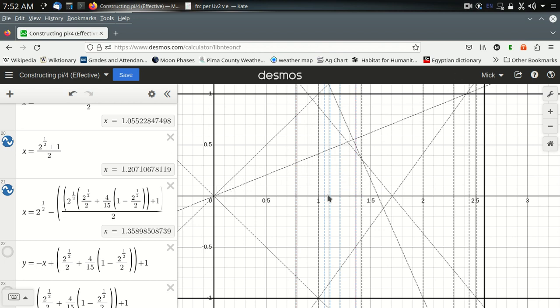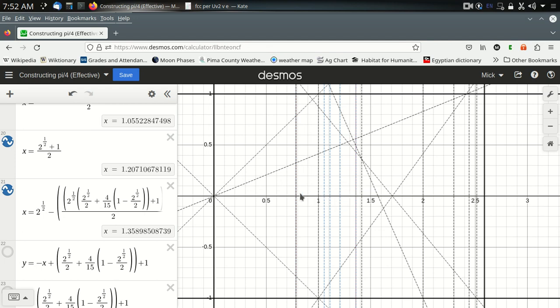And then we just find where this hits this. And that, if we scale this down, instead of having this be 1/2 and this being 1, we have this be 1 and this be 2. And there you go.